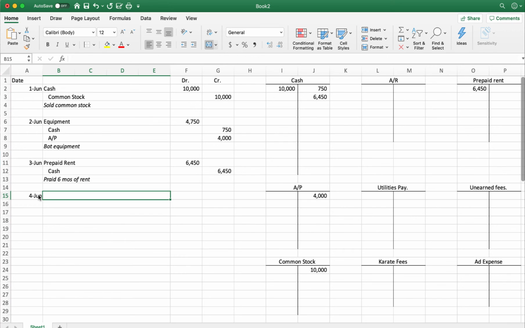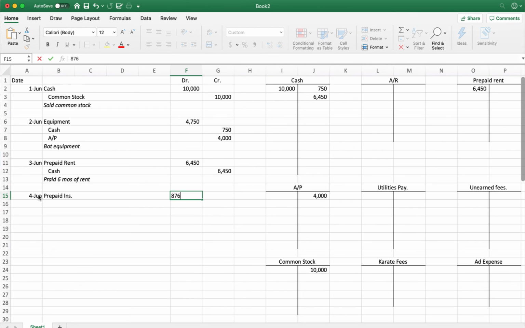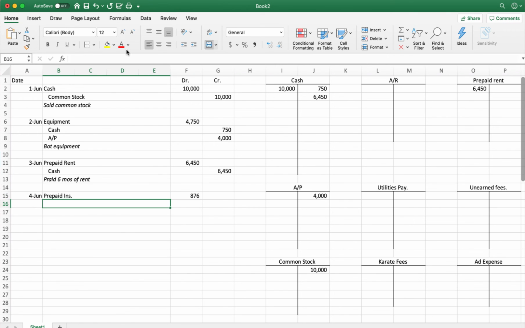This is another example of a prepaid expense, specifically prepaid insurance. So I'm going to do the same exact journal entry. The only difference is I'm going to debit prepaid insurance, credit cash. So prepaid insurance for $876. And I'm going to credit my cash.